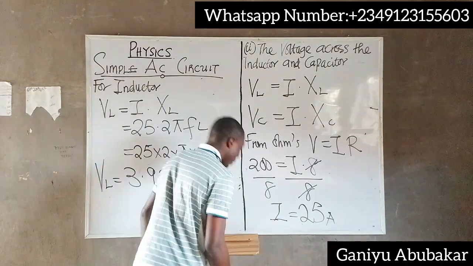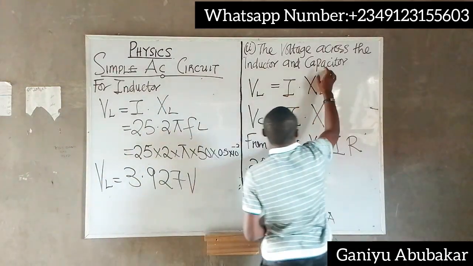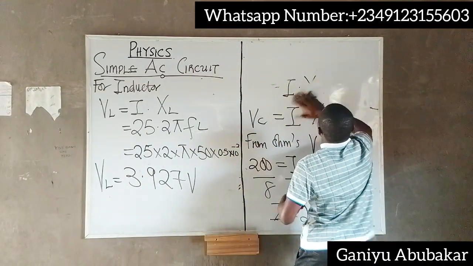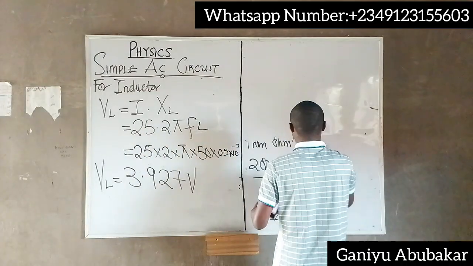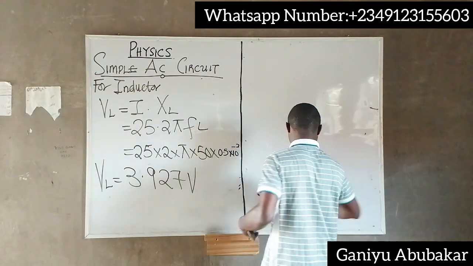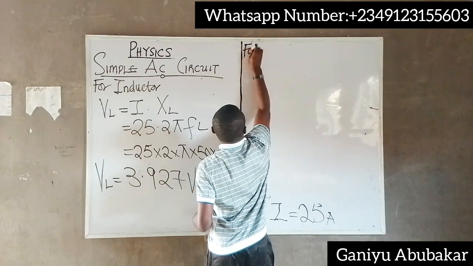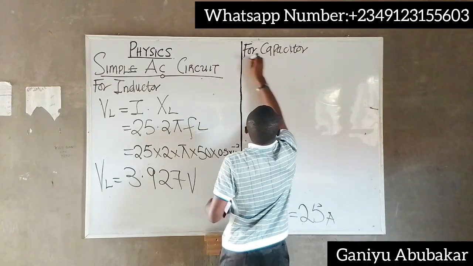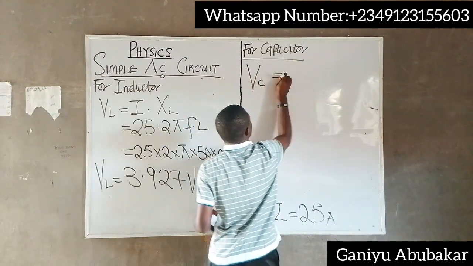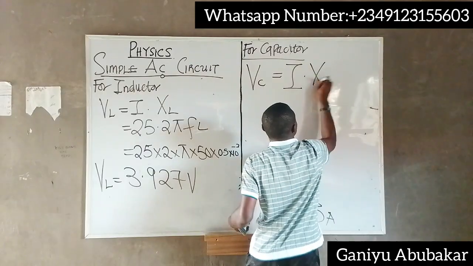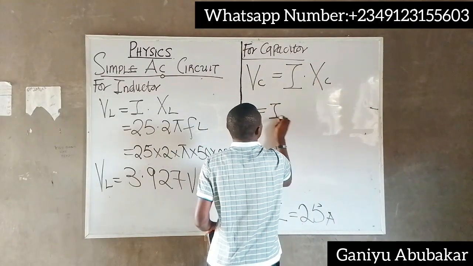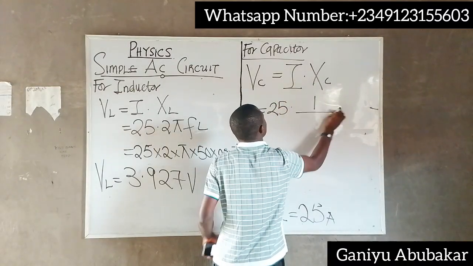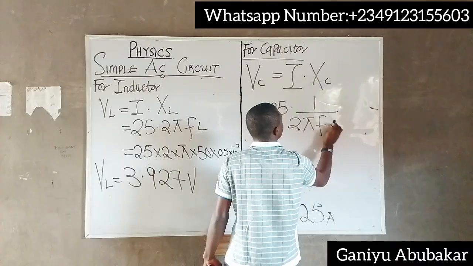Let's get for capacitor. Voltage across capacitor, that's VC. We know that VC for capacitor, remember that VC is equal to I dot XC. This is equal to I, which is of course 25, dot XC, which is 1 over 2 pi FC.